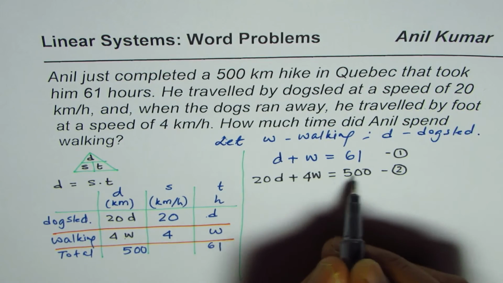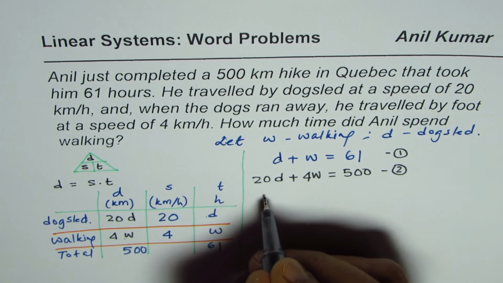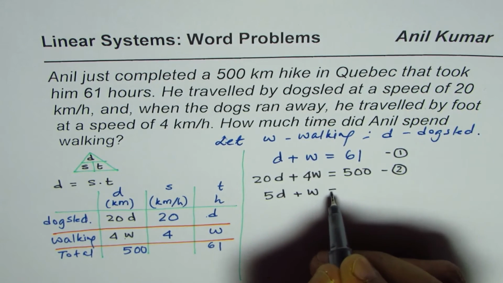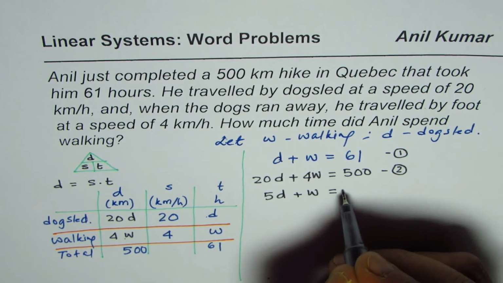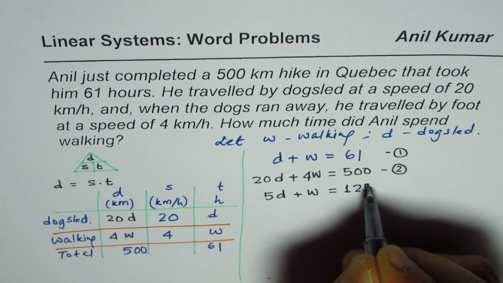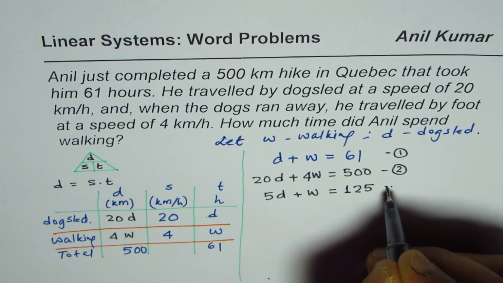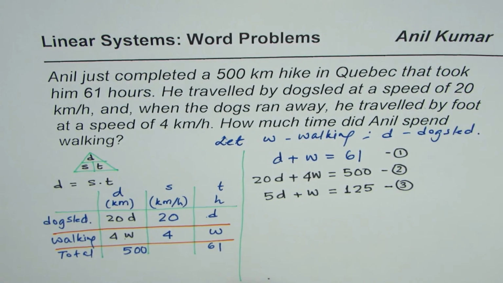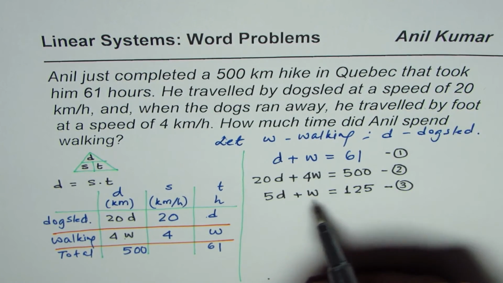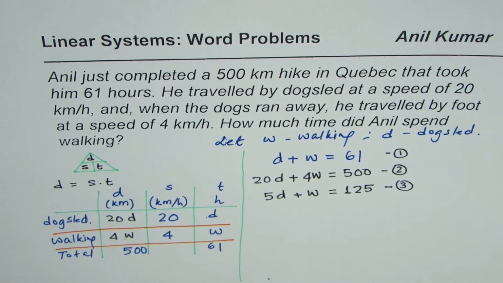Since all are multiples of 4, dividing by 4 I get 5D plus W equals 125. Let me call this equation number 3. So we now have two equations. We need to find what W is.